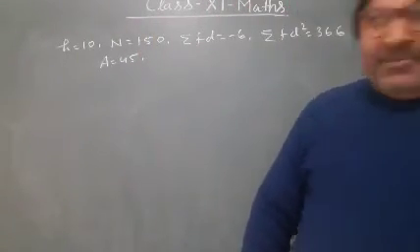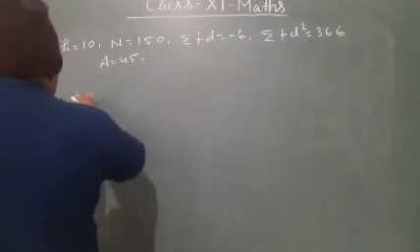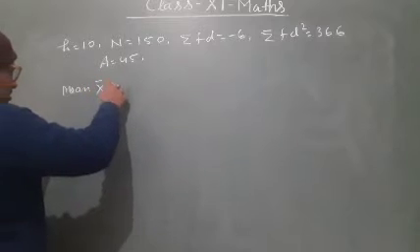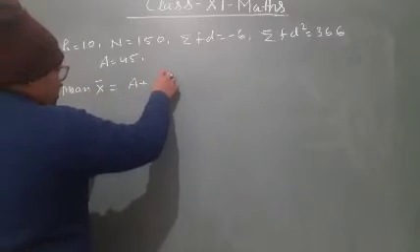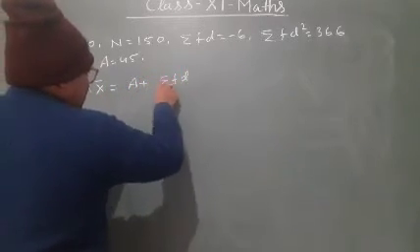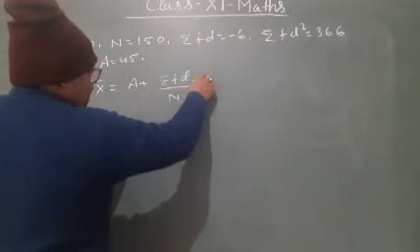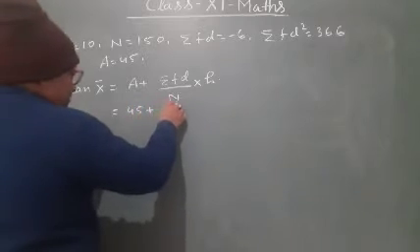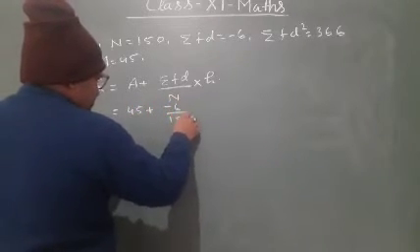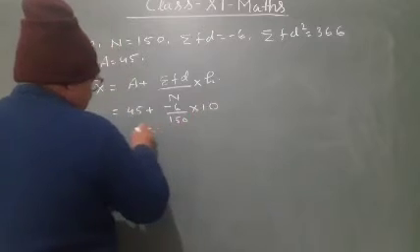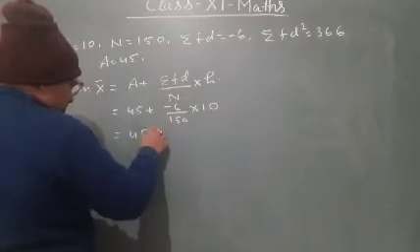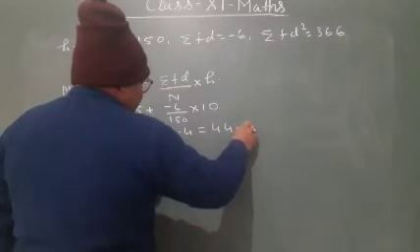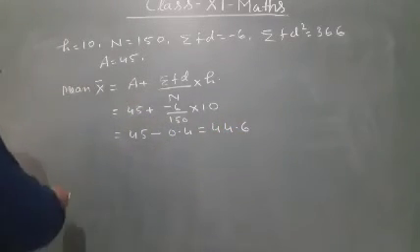Then we find the mean: x bar equal to a plus sigma f d upon N into h. So 45 minus 6 upon 150 into 10, that's equal to 45 minus 0.4 equal to 44.6.